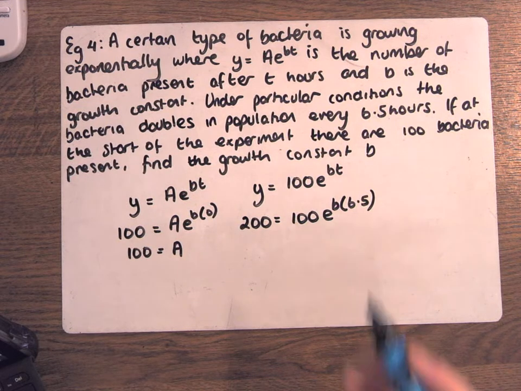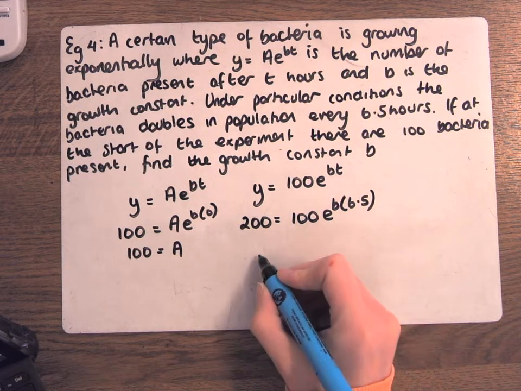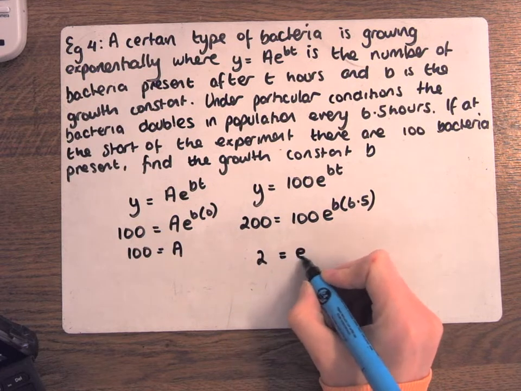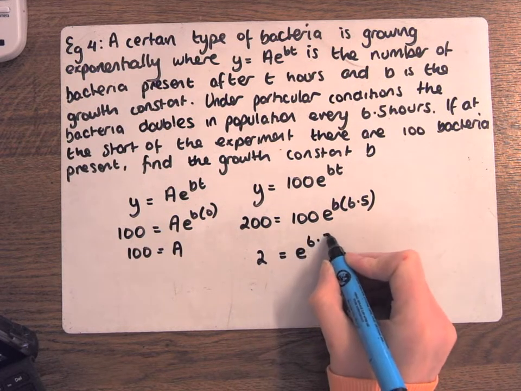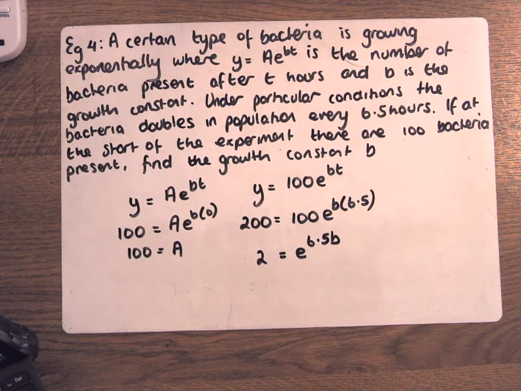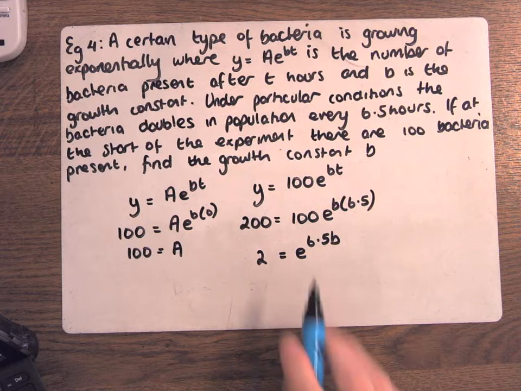If we're talking about doubling time, when I divide that, it's always going to be 2 equals 200 over 100. I don't really understand that. Why did you put the 200 and the 100 in the same place?